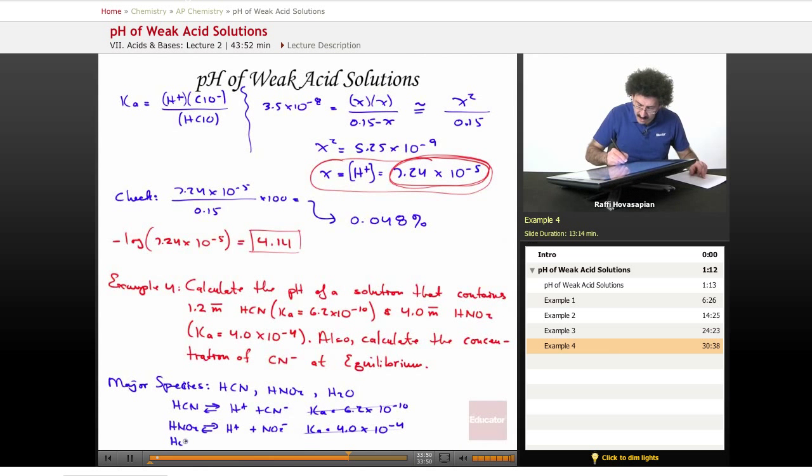And last but not least, we have the H2O equilibrium, which is also another source of hydrogen ion, plus OH minus. The Kw equals 1.0 times 10 to the negative 14.